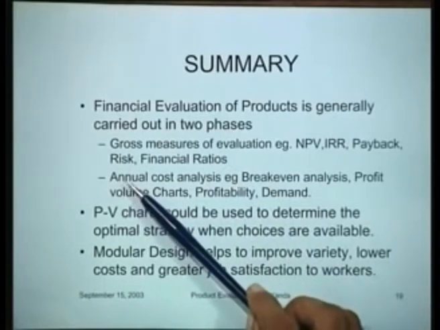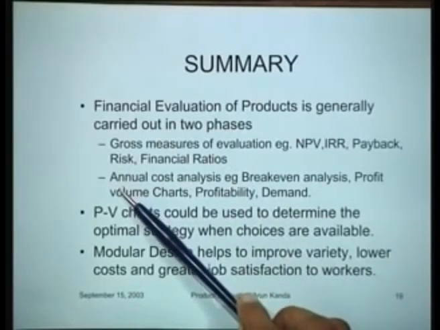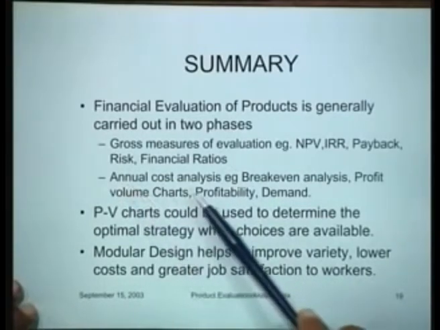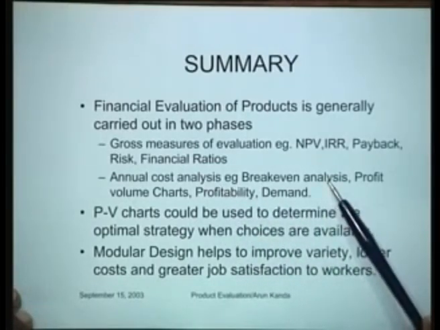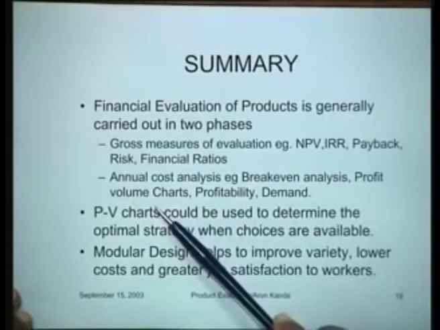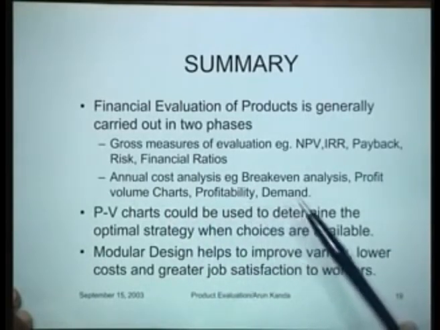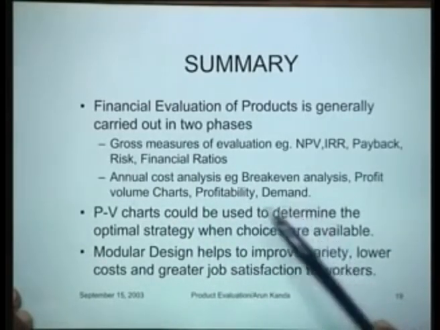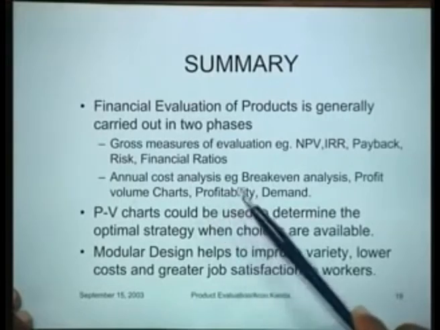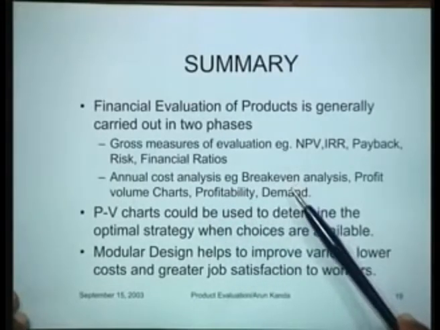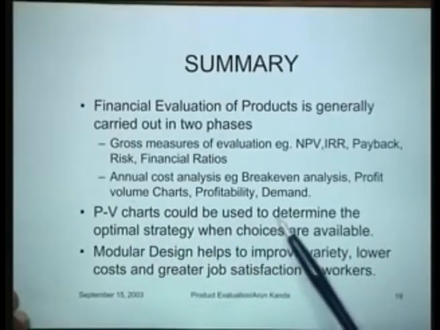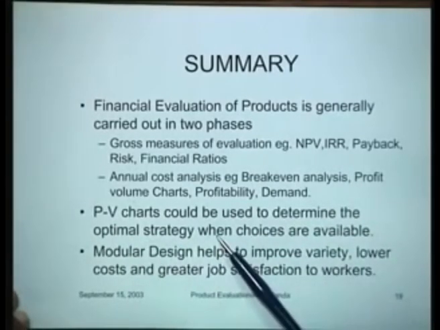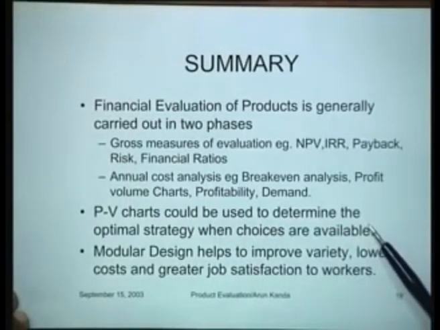In this particular lecture, we have tended to focus more on the annual cost analysis, such as break-even analysis, profit volume charts, profitability, and the effect of fluctuations in demand and profitability on the product. What we saw was that profit volume charts could be used to determine the optimal strategy when choices are available.